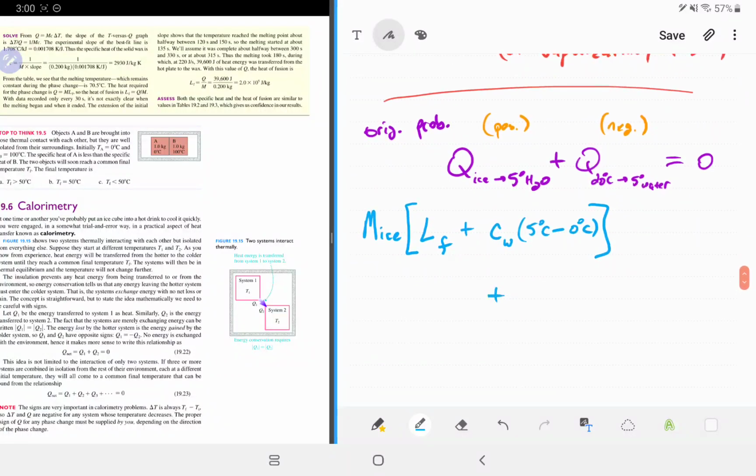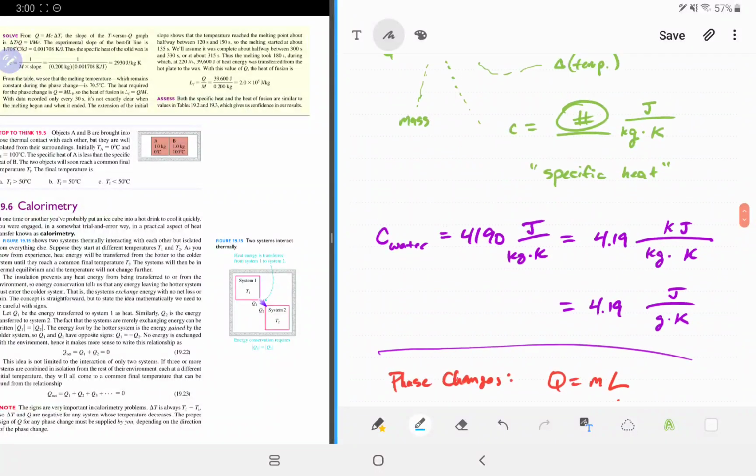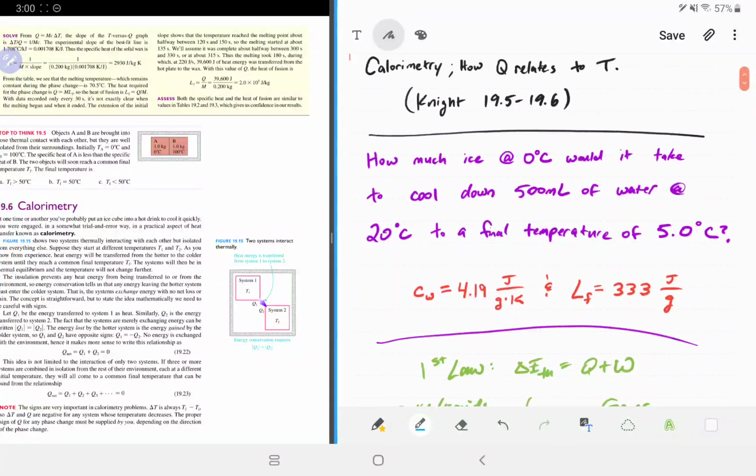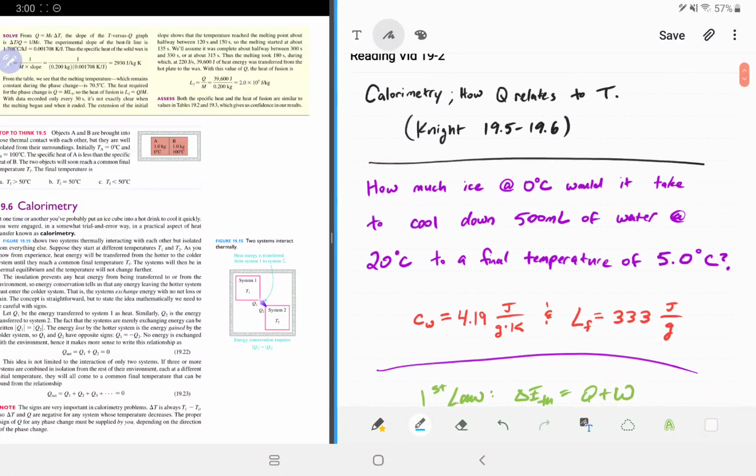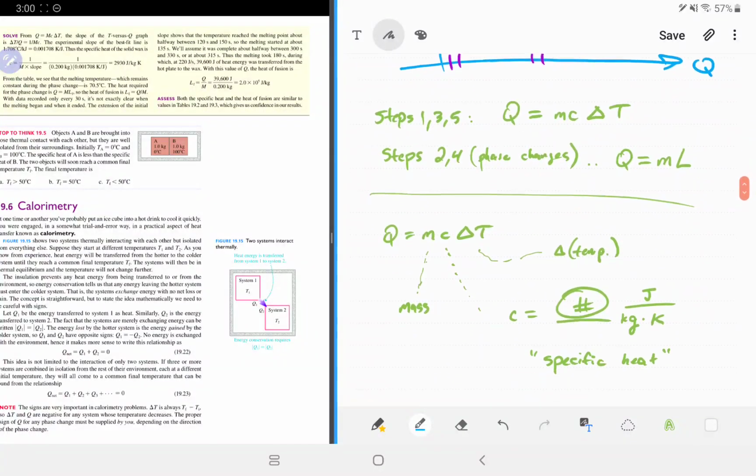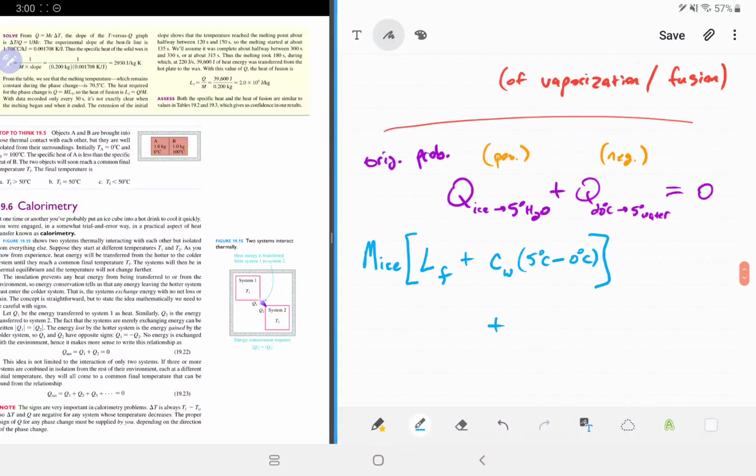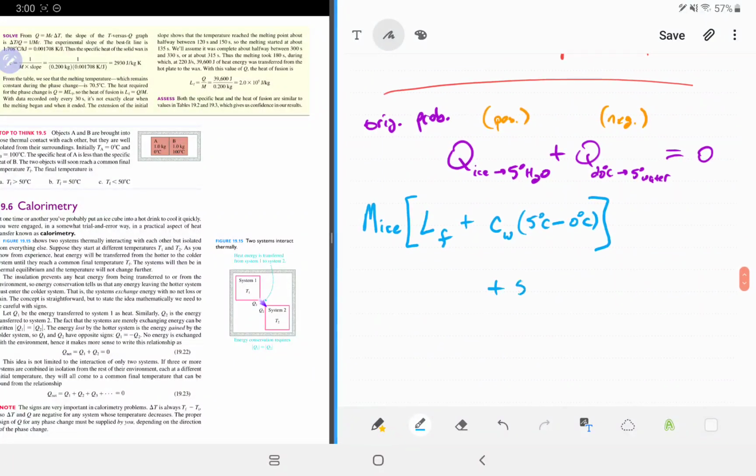And then the next piece is going to be, well, how much water did we have? It was 500 milliliters, half a liter, and the density of water is 1 kilogram per liter. So half a liter means half a kilogram. So this right here is going to be 500 grams of water.